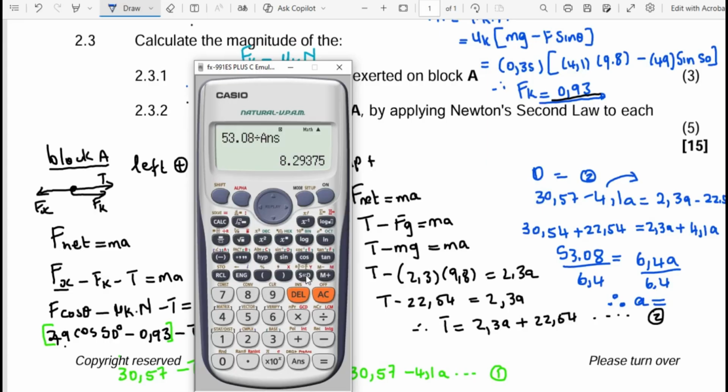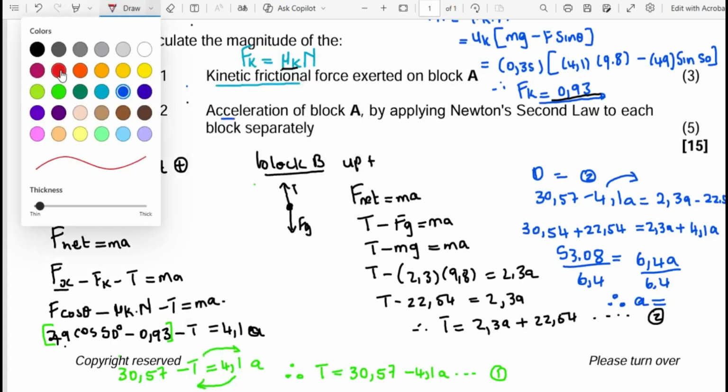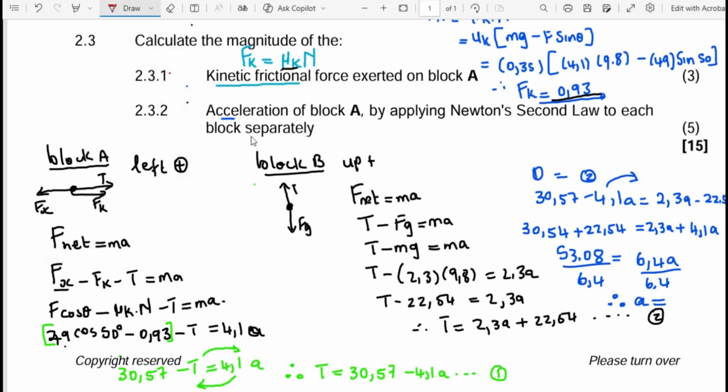I just want to confirm something. Okay, I just want to fix something here. If you still remember, equation 1 was plus 22.54. So this is plus. So when it comes to this side, it becomes negative instead.